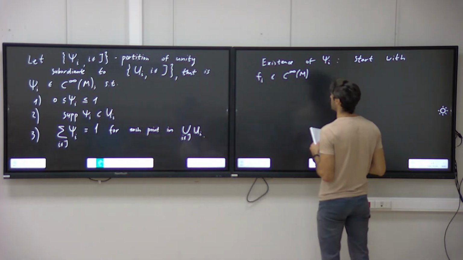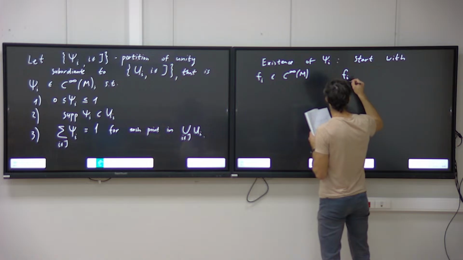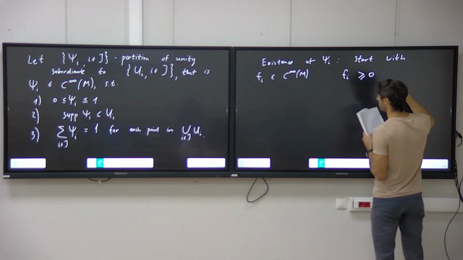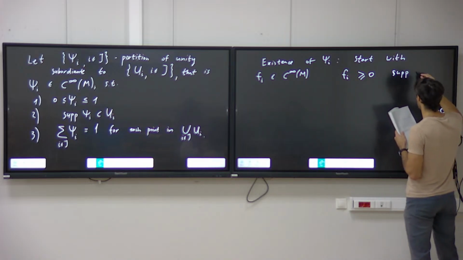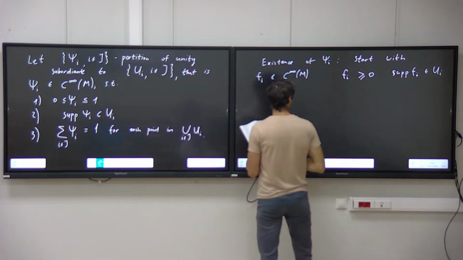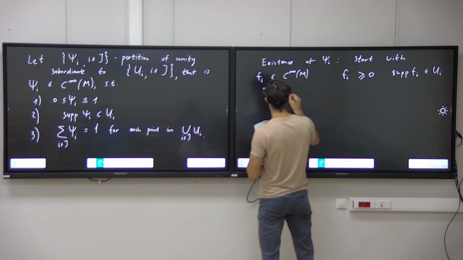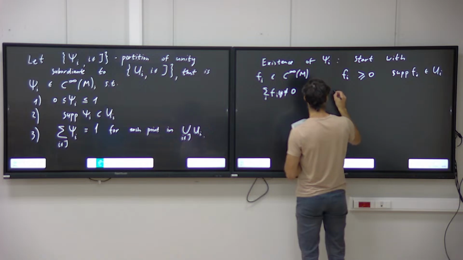So first I start with some functions f I, such that they are greater or equal than 0, and also the support of f I is inside U I for each I. And then you also would like that the sum over I of f I is not 0 at p, for any p from this cover.